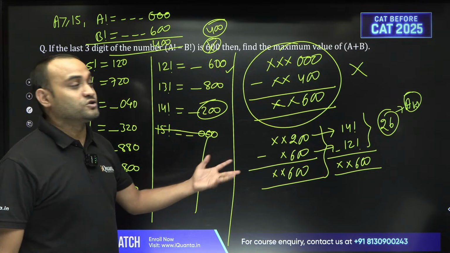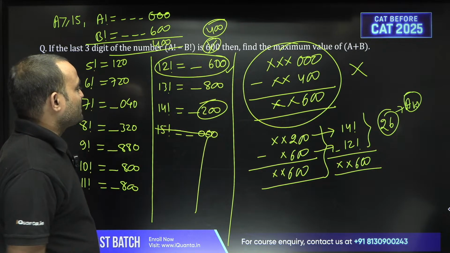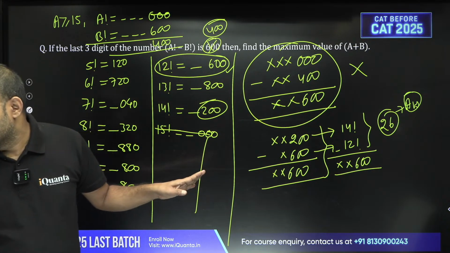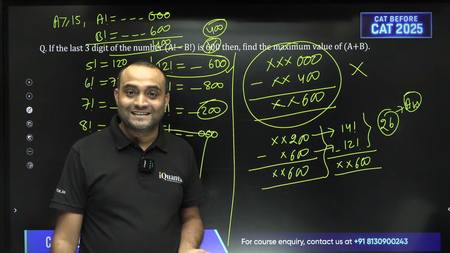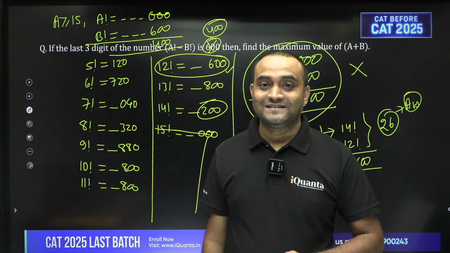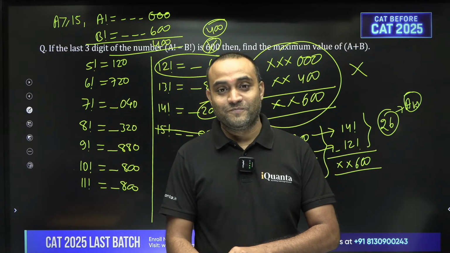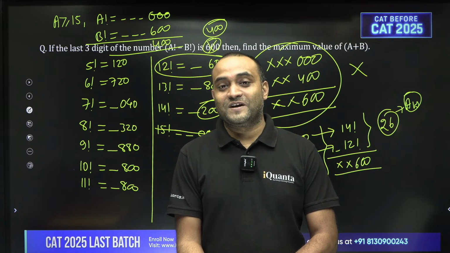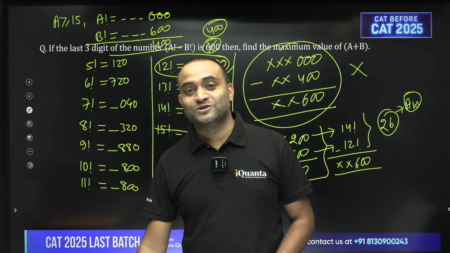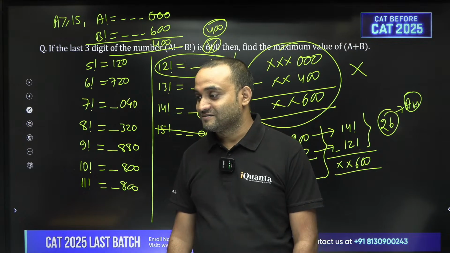The 600 maximum I can take is 12. But A could be any number greater than or equal to 15: 15 factorial, 16 factorial, 100 factorial, 1000 factorial. The last 3 digits of these factorials will be 000. And if you subtract 400 from this, you are always getting 600, right?